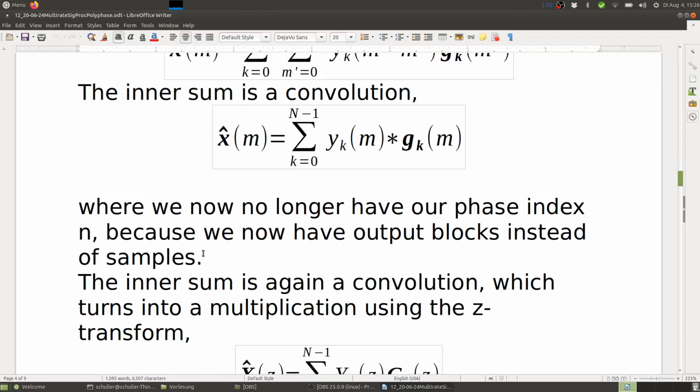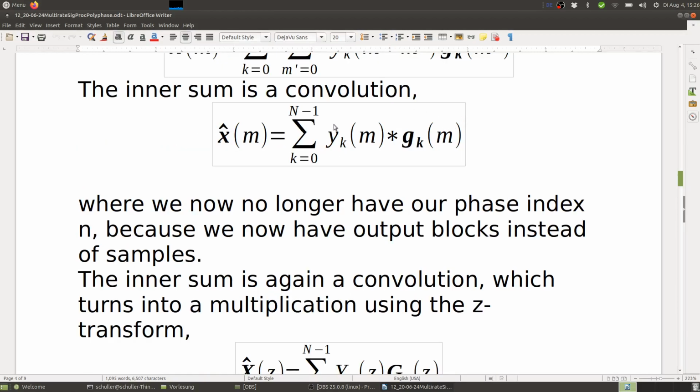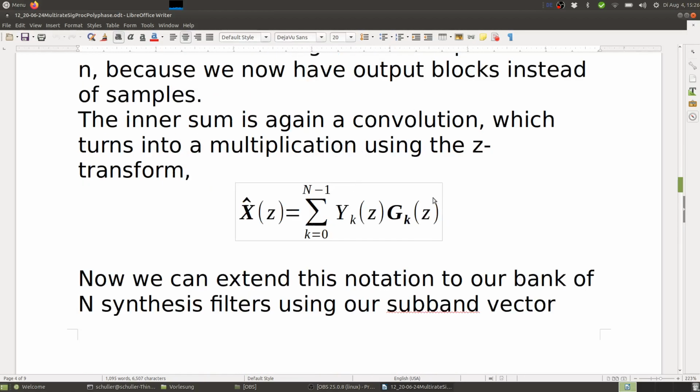So here we now have no longer our phase index n, because we now have output blocks instead of samples. The inner sum is again a convolution which turns into a multiplication using the z-transform. So here this convolution is turned into this multiplication in the z-domain. And what basically we end up with is just a sum over those N subbands.